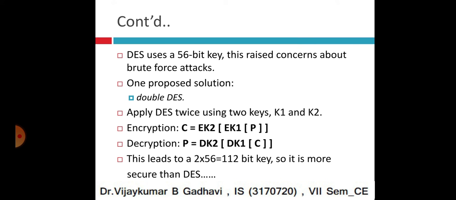As per the equation, for encryption C is equal to EK2 of EK1 of P. Same for decryption, P is equal to DK1 of DK2 of C, the ciphertext. This leads to a 2 into 56, equal to 112-bit key. So it is more secure than DES.